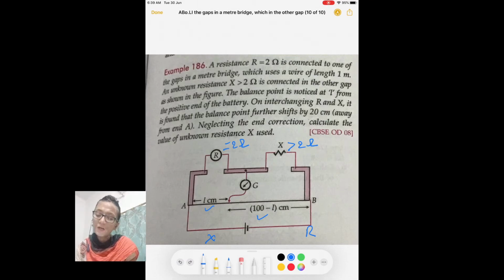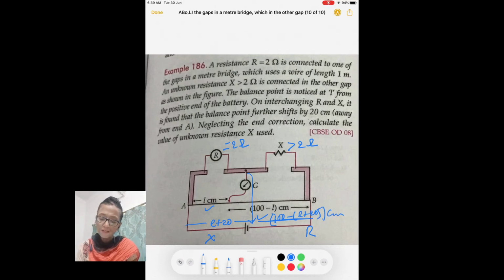It has further shifted by 20 centimeter away from end A. Now this length is changed from L to L plus 20, the new balance point, and here the remaining length will be 100 minus L plus 20 centimeter.